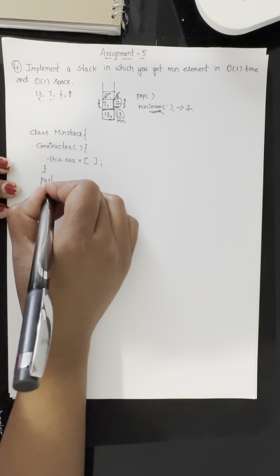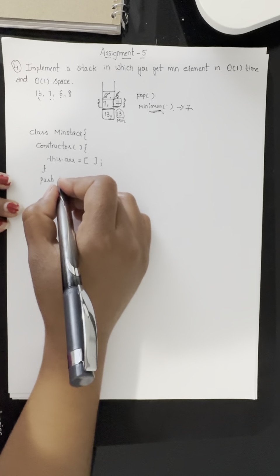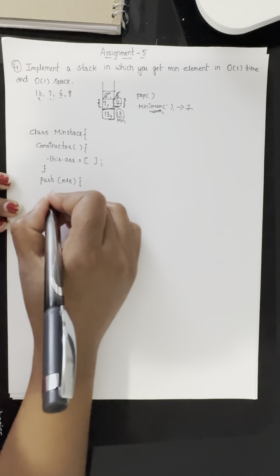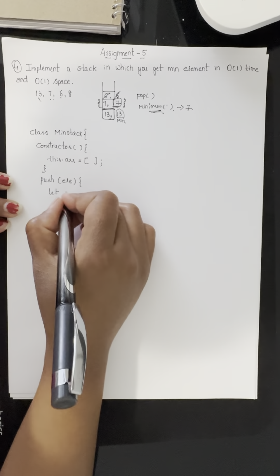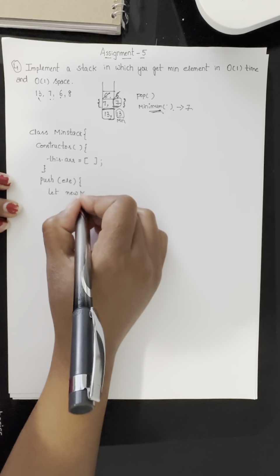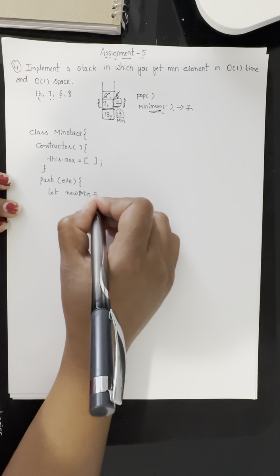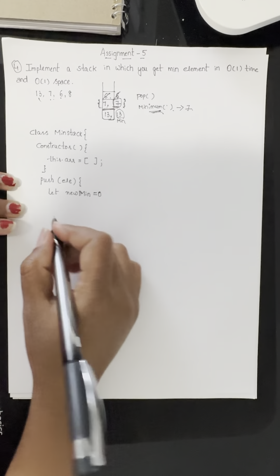Now let's write the push method. So push element, I'm declaring a variable called newMin, and initializing it to 0.